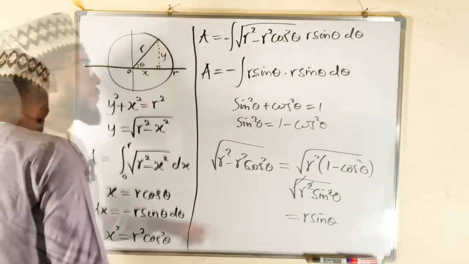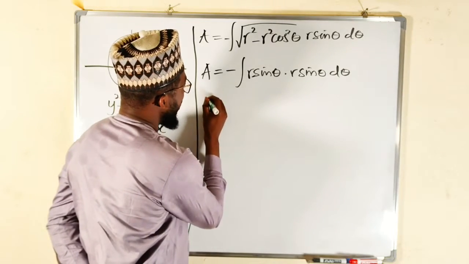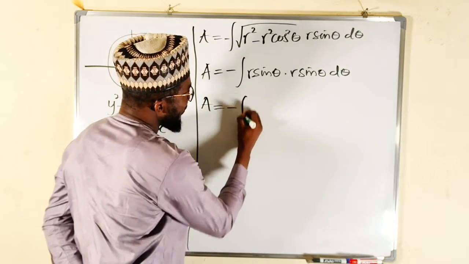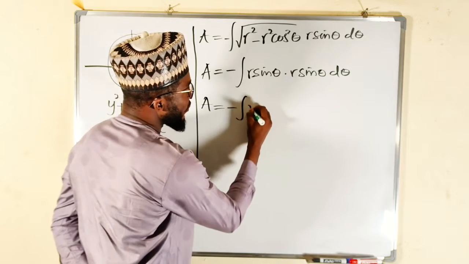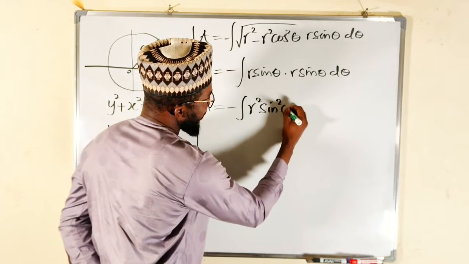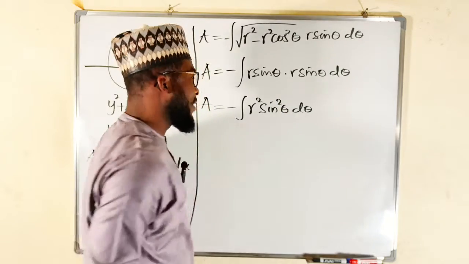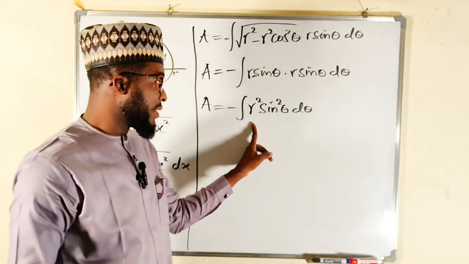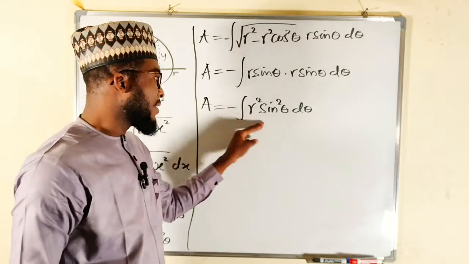Let's multiply. From here we have our area equal to negative the integral of r squared sine squared theta d theta. Remember that r squared is constant, so we are only integrating sine squared theta.